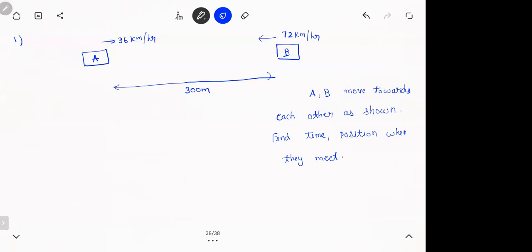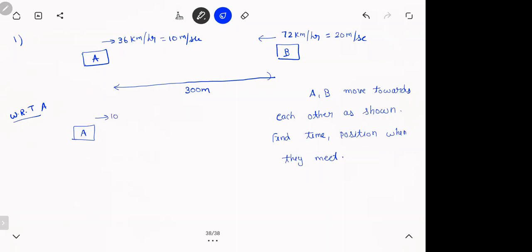Okay, this is the question. So let me show you using the relative. First thing, convert this into meters per second, multiply by 5 by 18. Now, just for your understanding, first let's see how it looks for each person. If I stop A, meaning if you look at the person in A, what will he think?